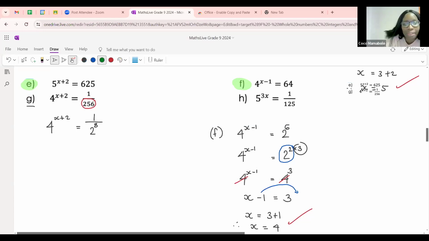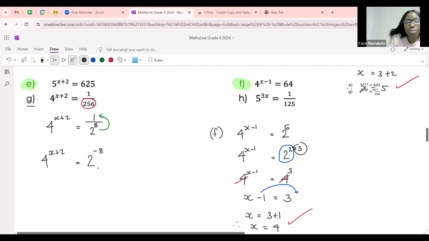How else can we write that? If I took this to the top, what would it become? That would give us 2 to the power of, correct. I could read your lips, Ilham. You're 100% correct. Well done. Okay, I'm going to get 4 to the power of x plus 2 is equal to 2 to the power of negative 8. Right?